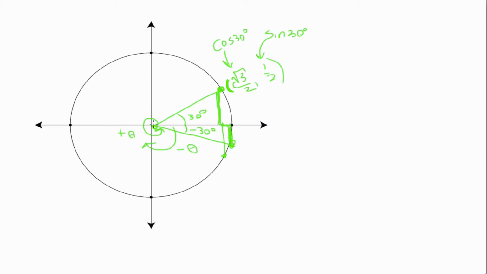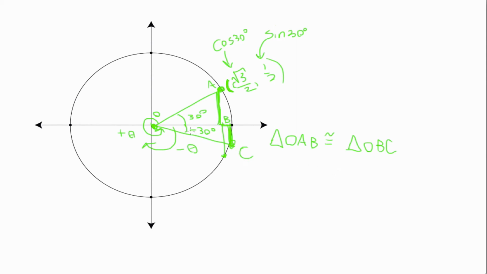Let's call this O for origin, A, B, and C. So triangle OAB is congruent to triangle OBC. I'm not great at using the notation, but this is basically it.